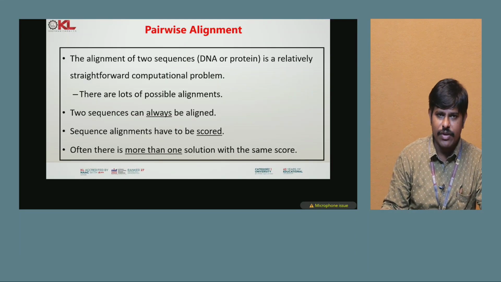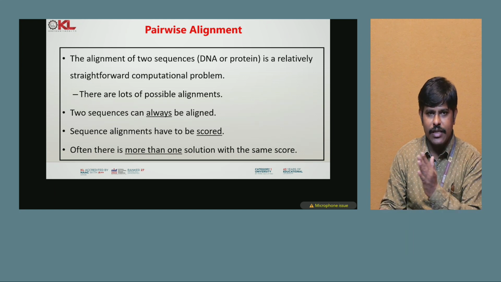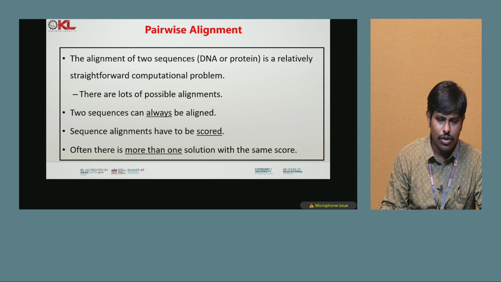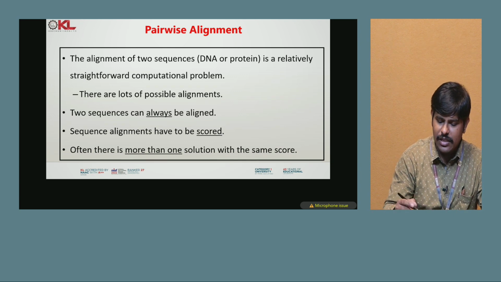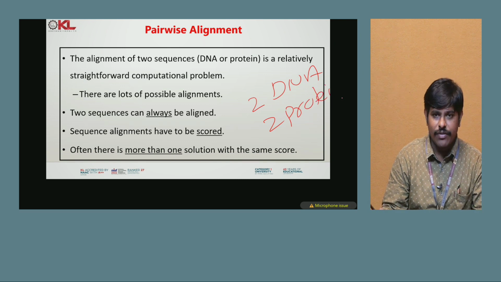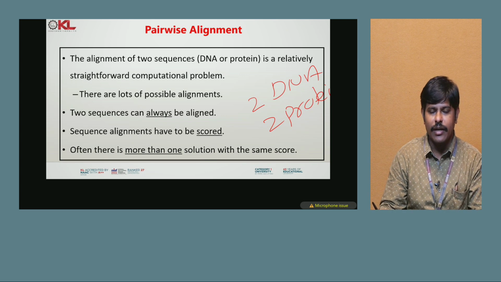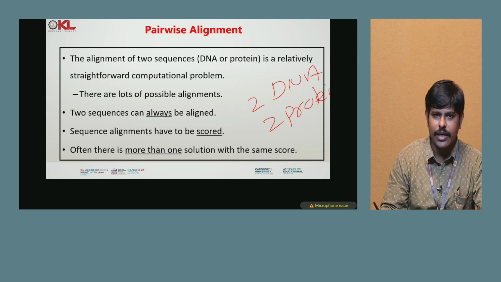While doing sequence alignments, the first step is pairwise sequence alignment. Pairwise sequence alignment, as the name says, uses a pair of sequences, two sequences of DNA or two sequences of protein, or you can take a DNA sequence and a protein sequence and compare by translating DNA to protein or by reverse translating protein to DNA. So you require two sequences here.